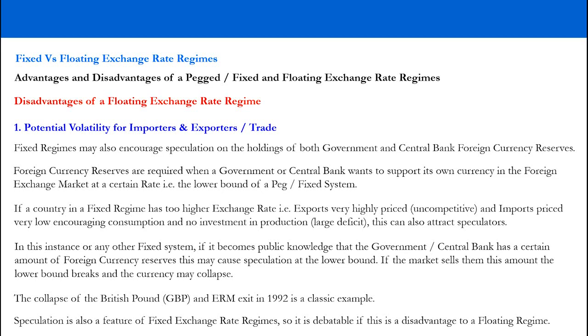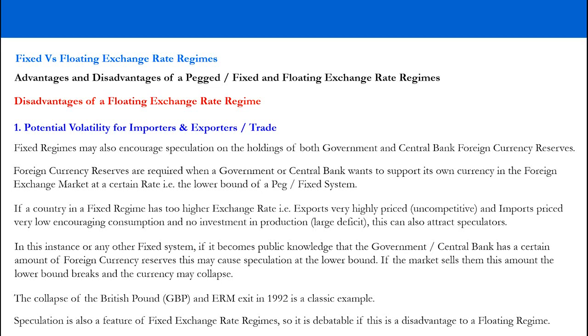If the currency value goes to the upper bound of a peg or fixed system, they will use their own currency to sell their own currency in the foreign exchange markets, and by doing so will move the currency lower, or that's what the intention is, and receive foreign currency reserves in return.